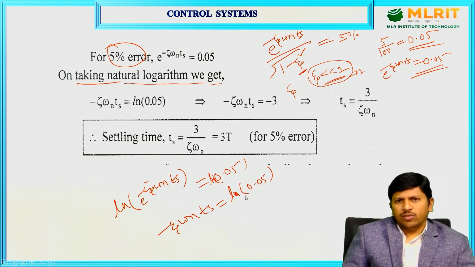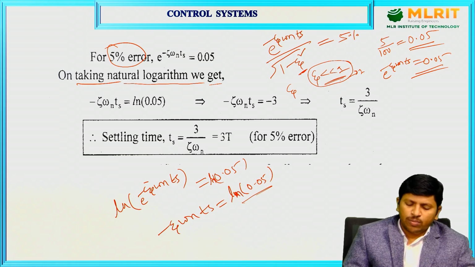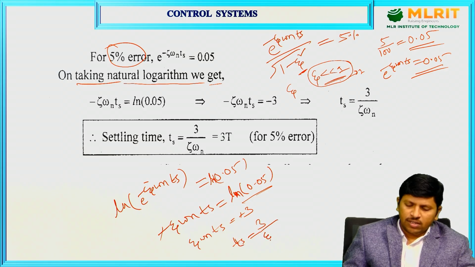The logarithm of 0.05 is nothing but approximately minus 3. So minus minus both cancel, and zeta omega n ts equals 3, where ts equals 3 divided by zeta omega n.